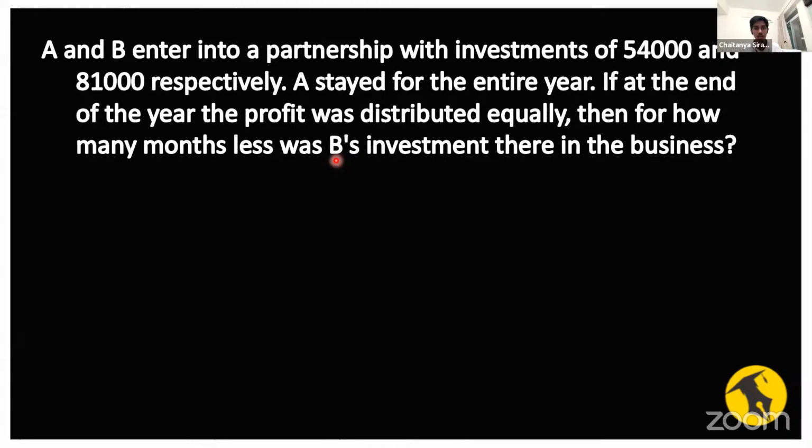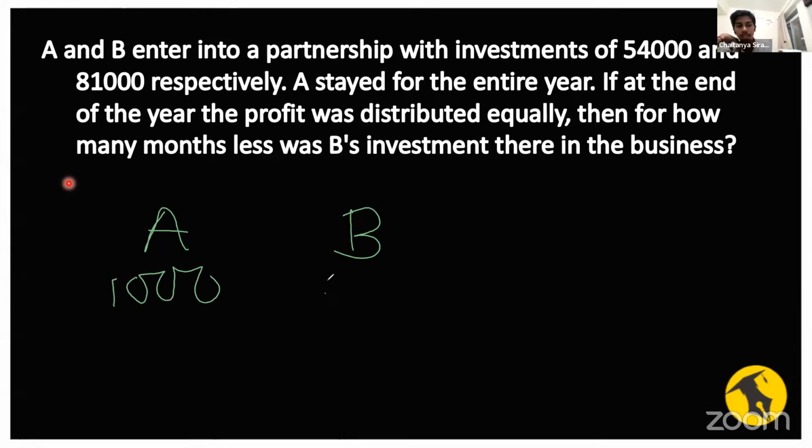One good point here is how much profit they get is for how many months do they stay. Just to give a quick example, let's say A and B started a firm. Both of them invested 1,000 rupees and 1,000 rupees.